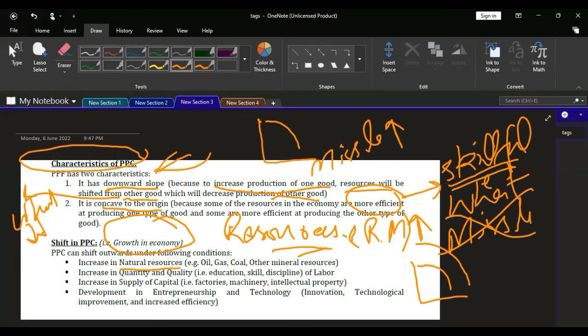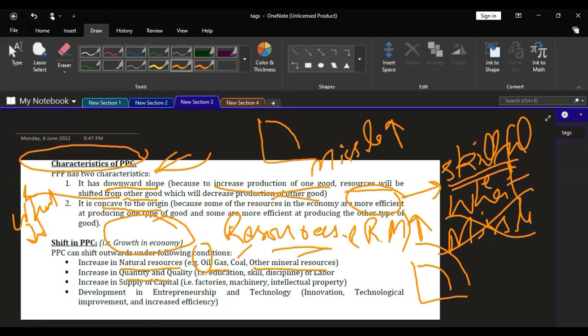For example, you have found a new resource of oil, gas, coal, or other mineral resources. If our raw material increases, we have more possibility to increase our production of missiles and more quantity of wheat because we have a surplus quantity in our stock. We can produce both without sacrificing the other.